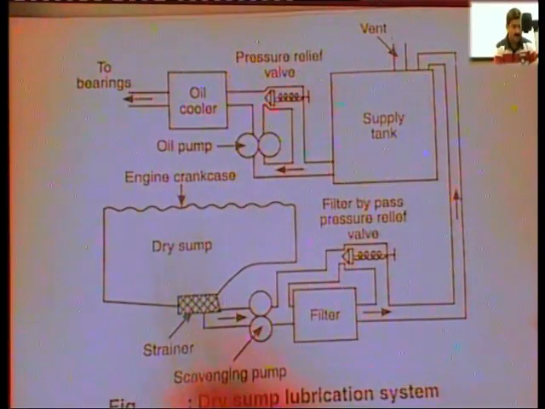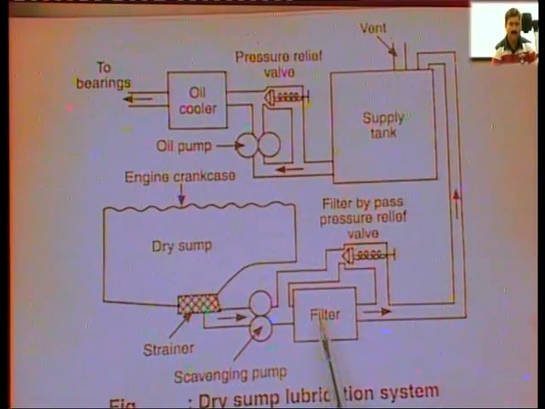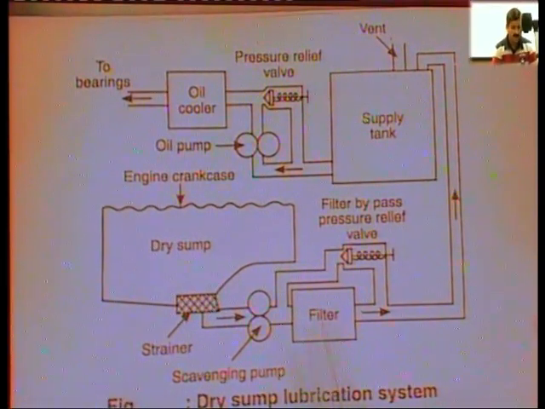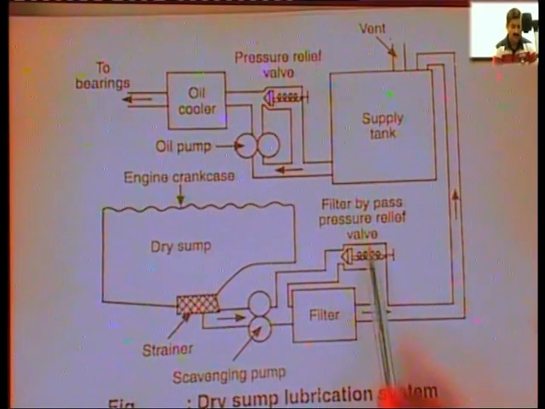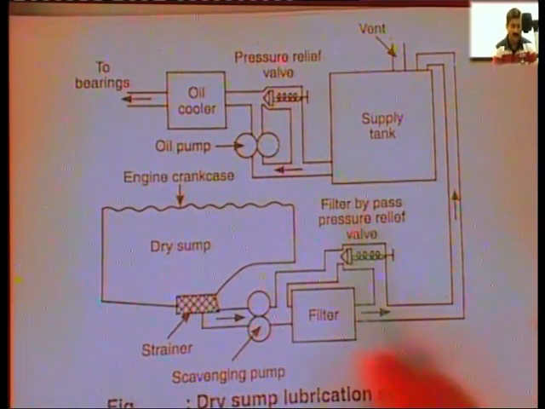The oil which falls in this sump is continuously taken away by this scavenging pump through this strainer and a filter which will filter any residue or the products of wear and tear. And again, here is a pressure relief valve, or filter bypass pressure relief valve.